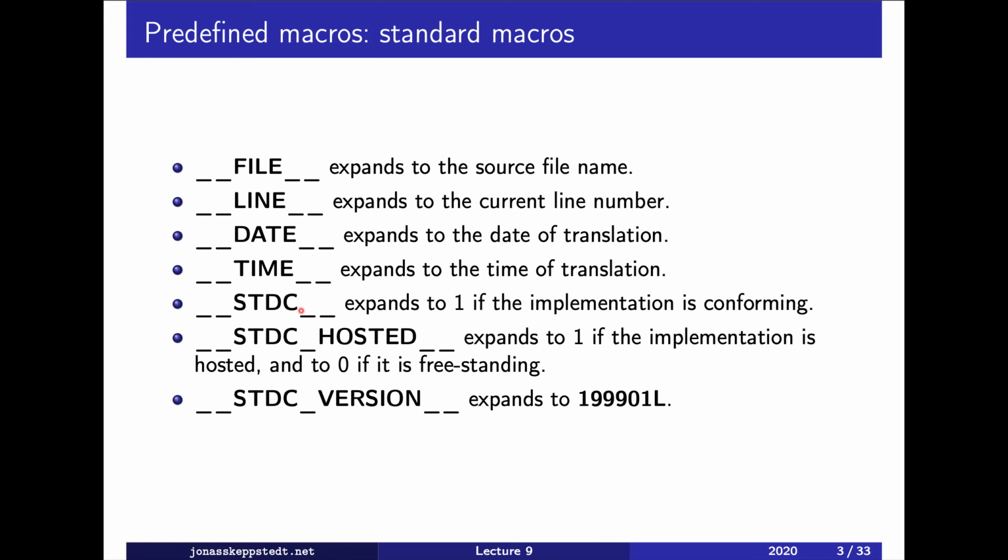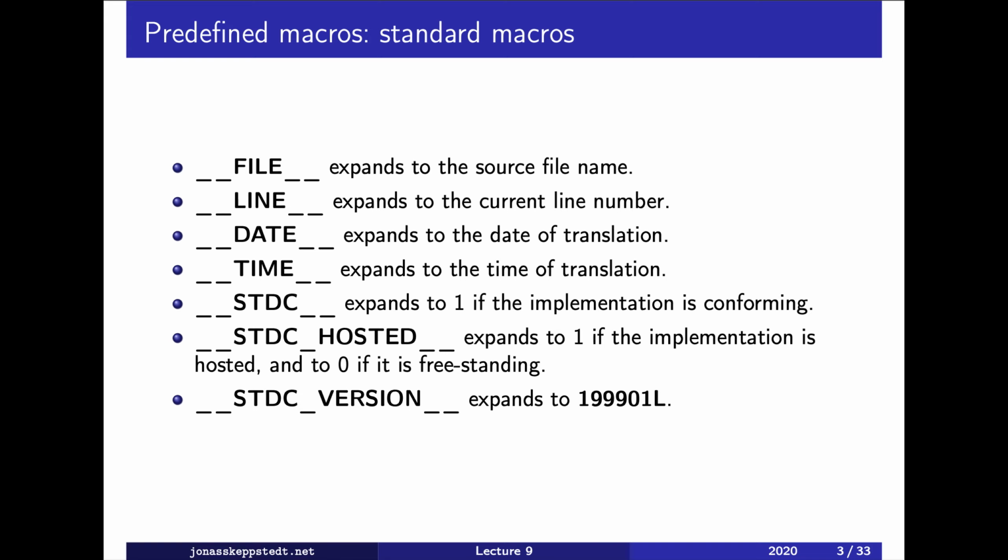Standard C, that's not very useful. When C was standardized in 1989, there was a lot of enthusiasm, but when this macro was introduced and it expands to 1, it means that the compiler, meaning the implementation, which is the compiler and the library, conform to the C standard.